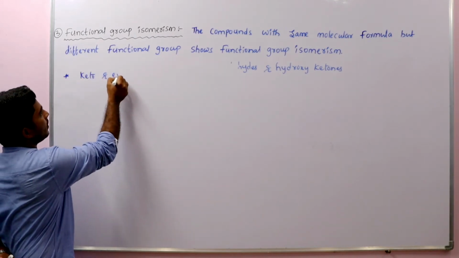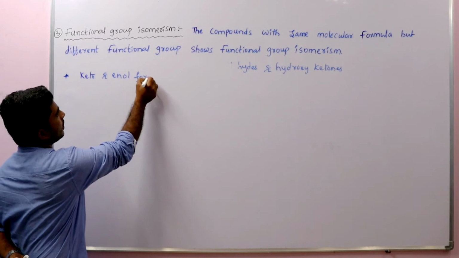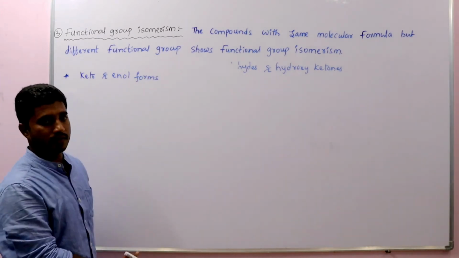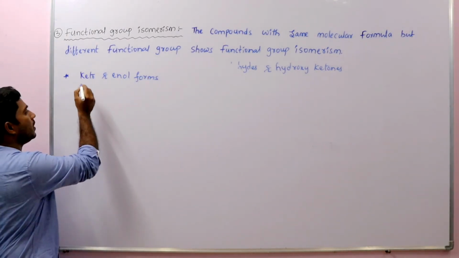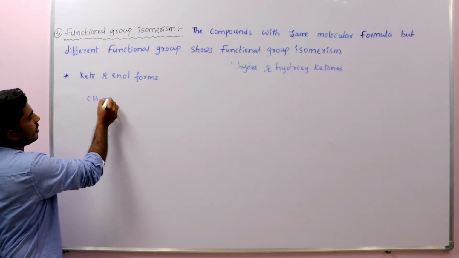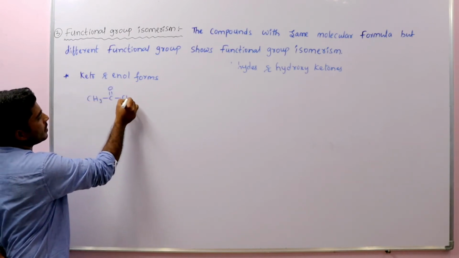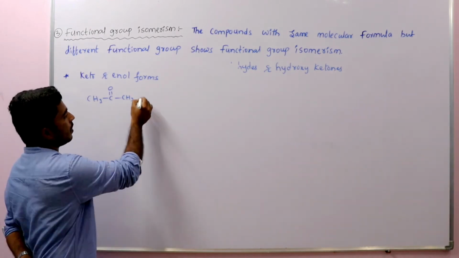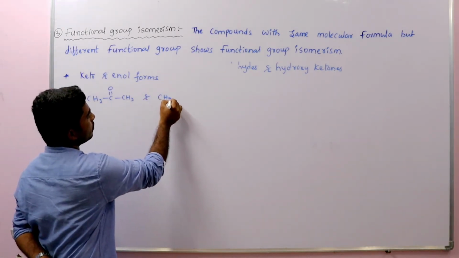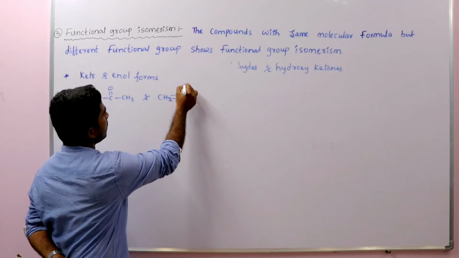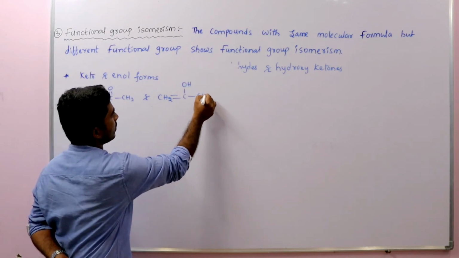Keto and enol forms. Here keto, for example, CH3 C double bond O CH3, and CH2 double bond C OH CH3.